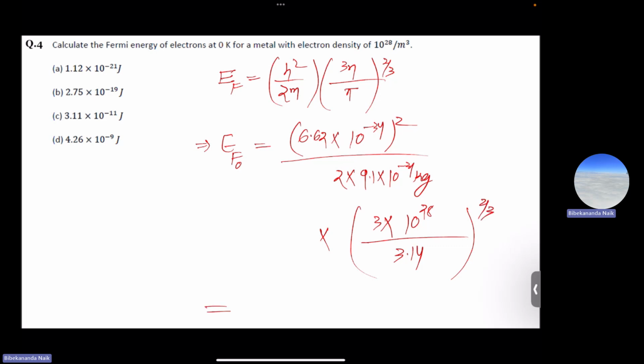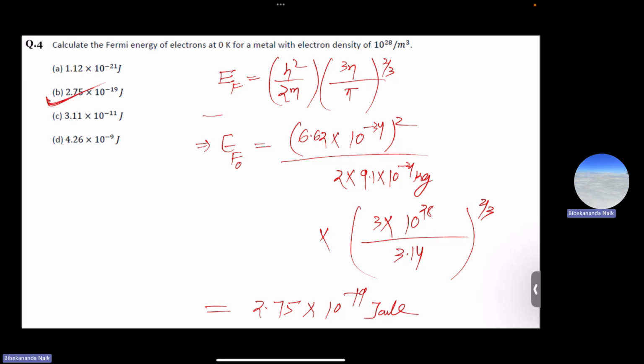If you solve it, after calculating, we will get 2.75 into 10 to the power minus 19 joule. So the correct option will be option B, that is 2.75 into 10 to the power minus 19 joule.